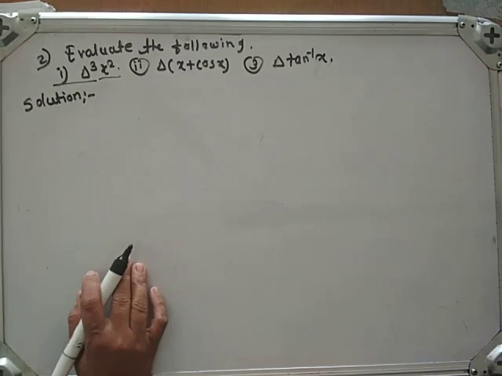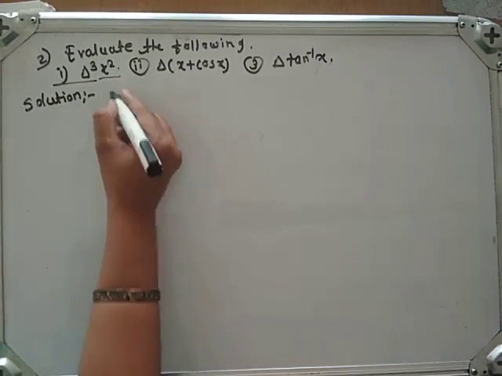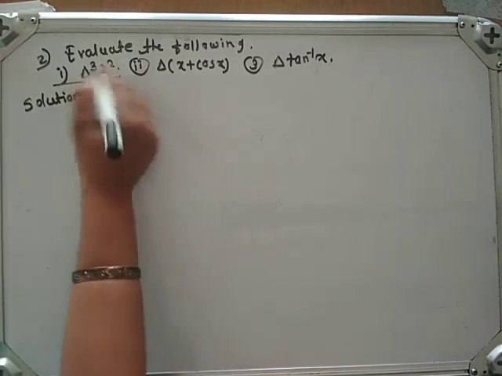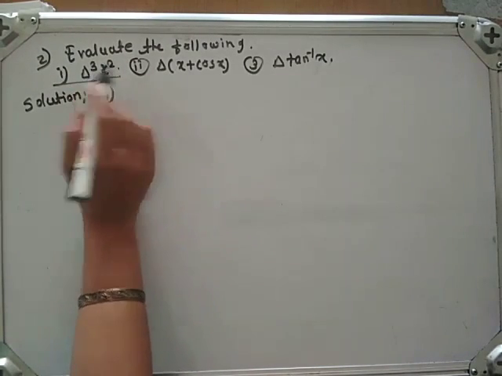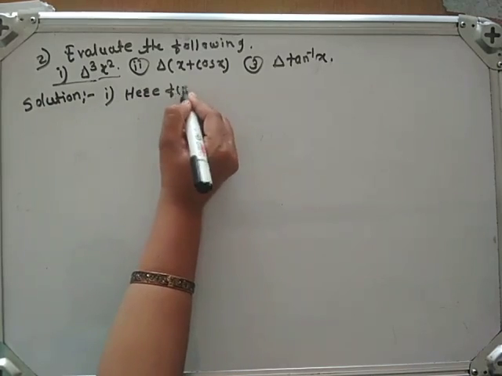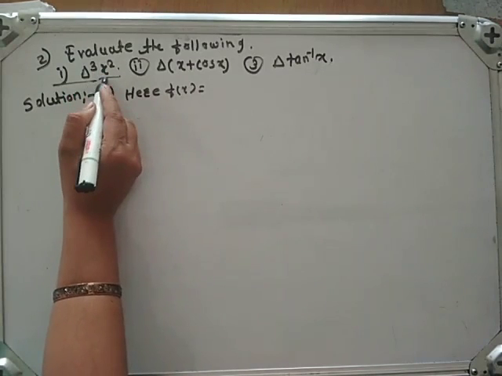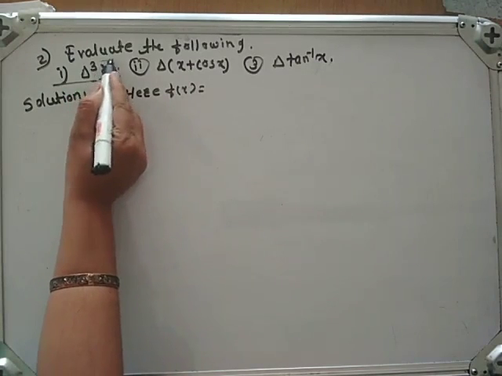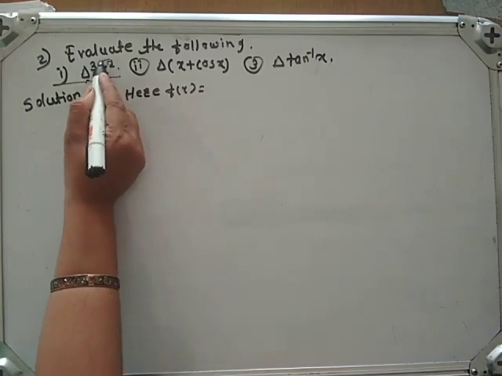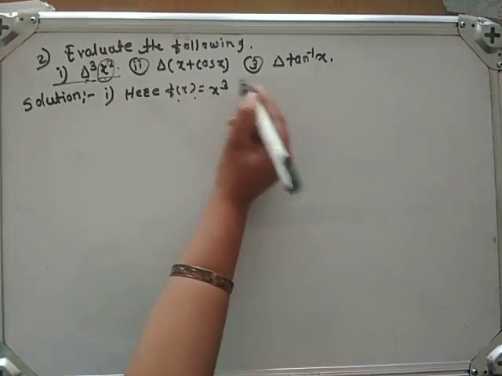First we have to evaluate delta cube of x square. Okay. We will see the solution of the first. Here, delta cube of x square means this delta cube operates on this function. Therefore, f of x is equals to x square.